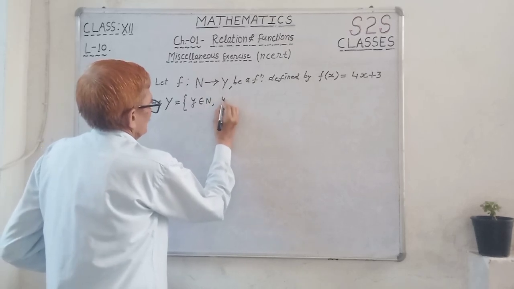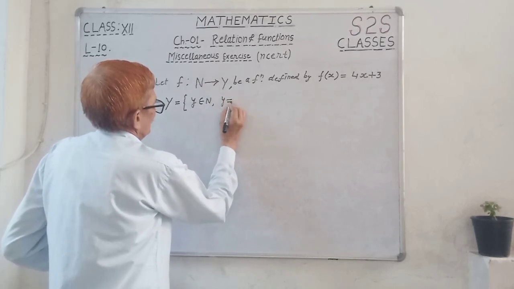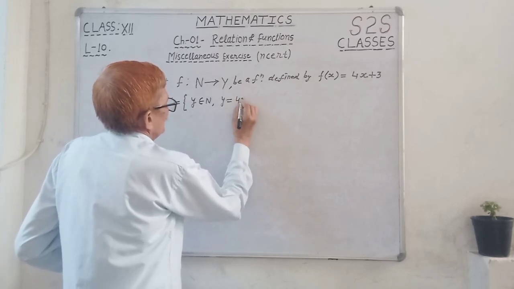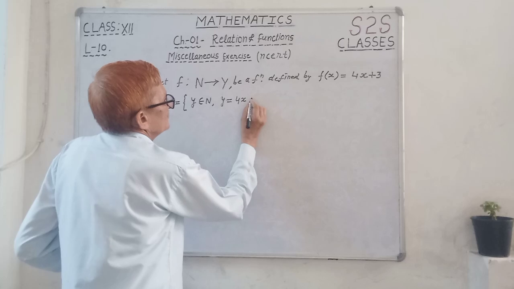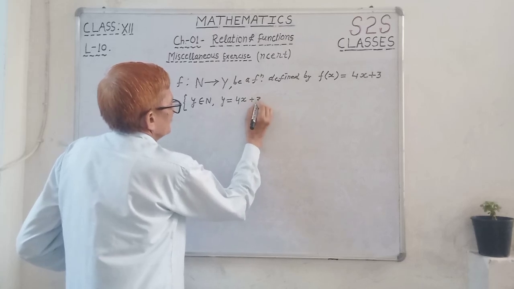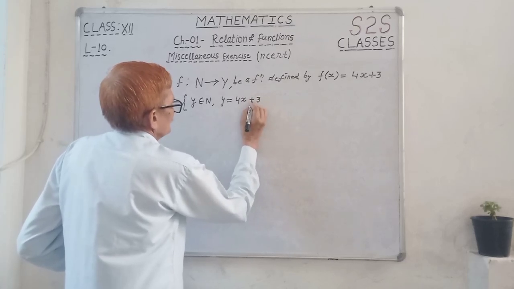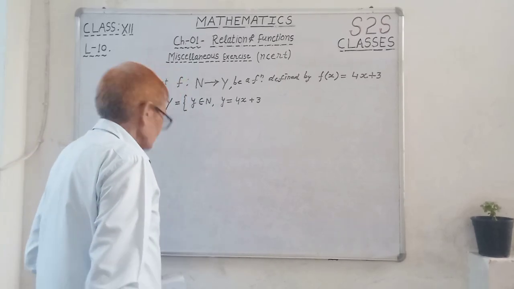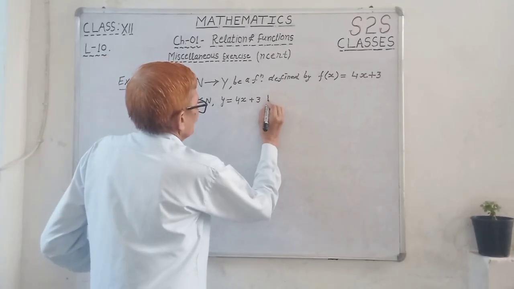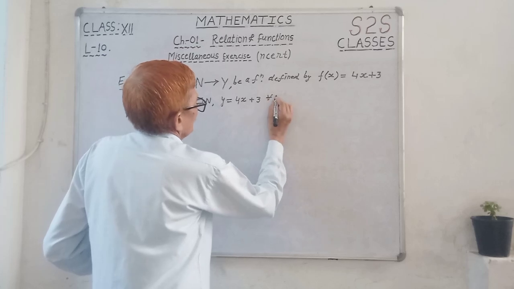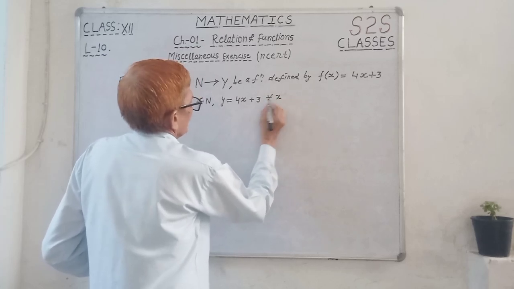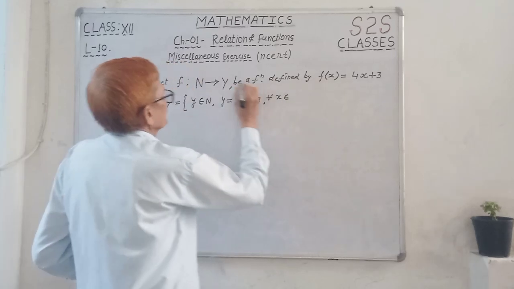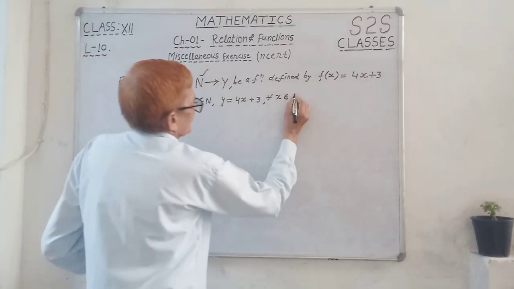y = 4x + 3 for some x belonging to the natural numbers, for every x belonging to the first set, the natural number set.